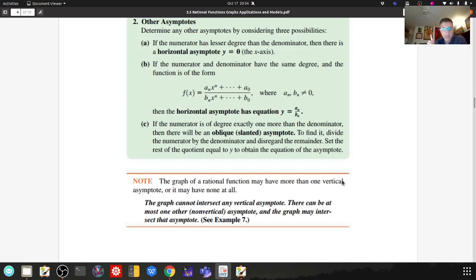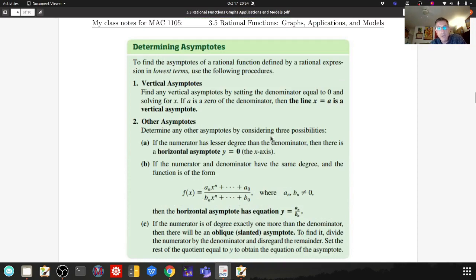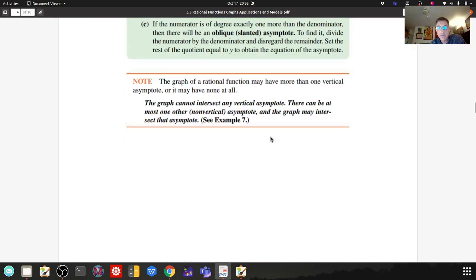And in addition, there can be at most one other horizontal or slanted asymptote, at most one. And the graph may intersect that asymptote. So that's how you have to be careful. The graph could intersect it. You don't always know. So this is a really important page to have in your notes.